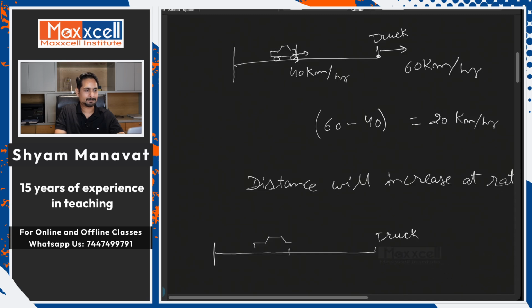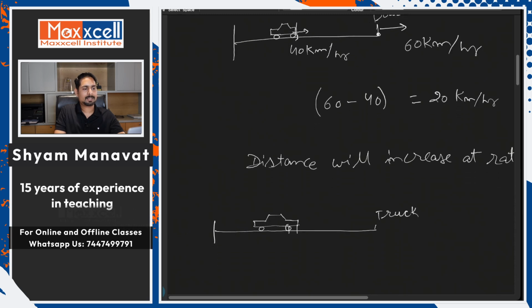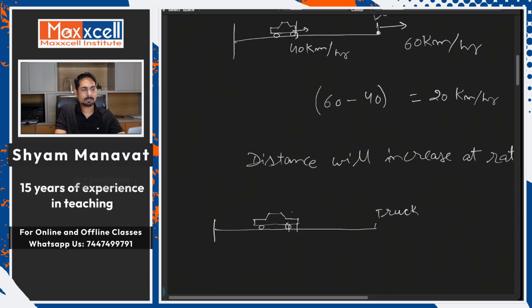So now this time your car is being driven at a speed of 80 kilometers per hour, and the truck's speed is 60 kilometers per hour.